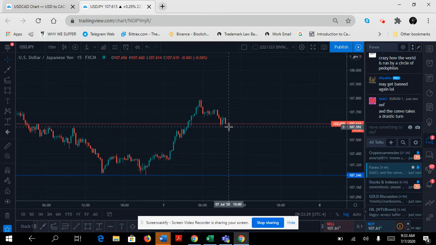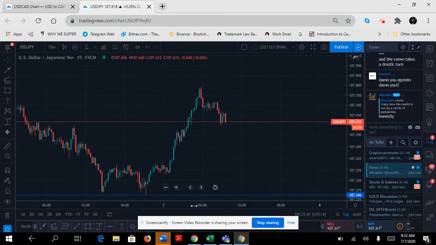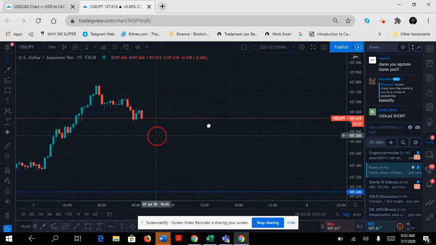So we know when the wicks form on a green candle, that's some bearish pressure coming in, and vice versa. Just like you have this red candle right here with a wick action going to the upside, a little bit of bullish, the bulls kicked in to prevent it from going down.